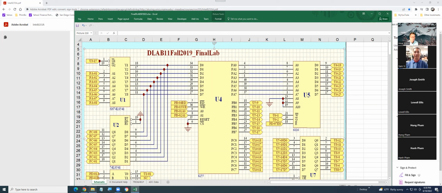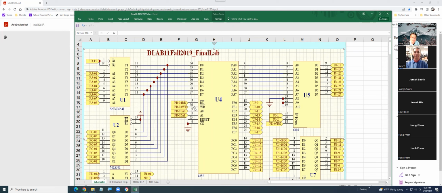U4 pin 5 has to be 0. Read, you see the bar over it, so it is active low. Pin 1 must be 1. Pin 36 must be 1. You either read or write, you cannot do both.